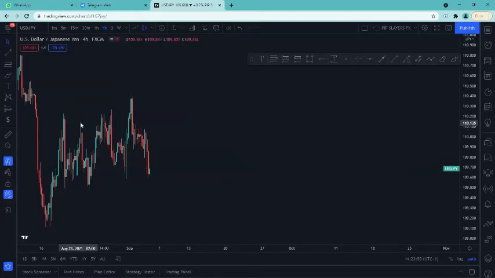This may be considered a structure, this may also be considered a structure.